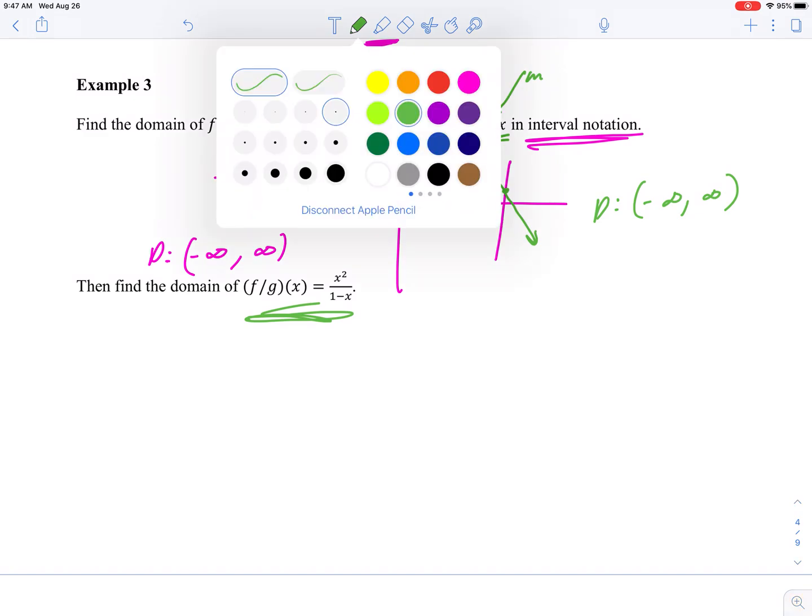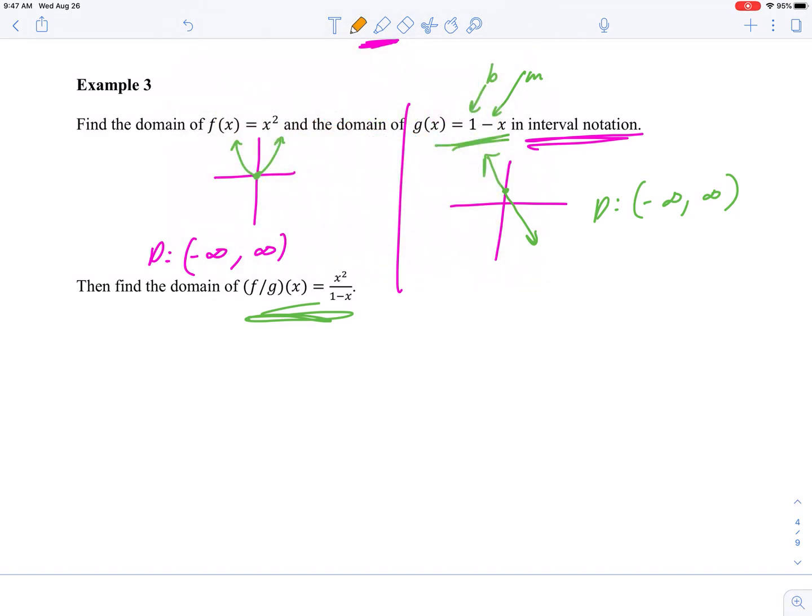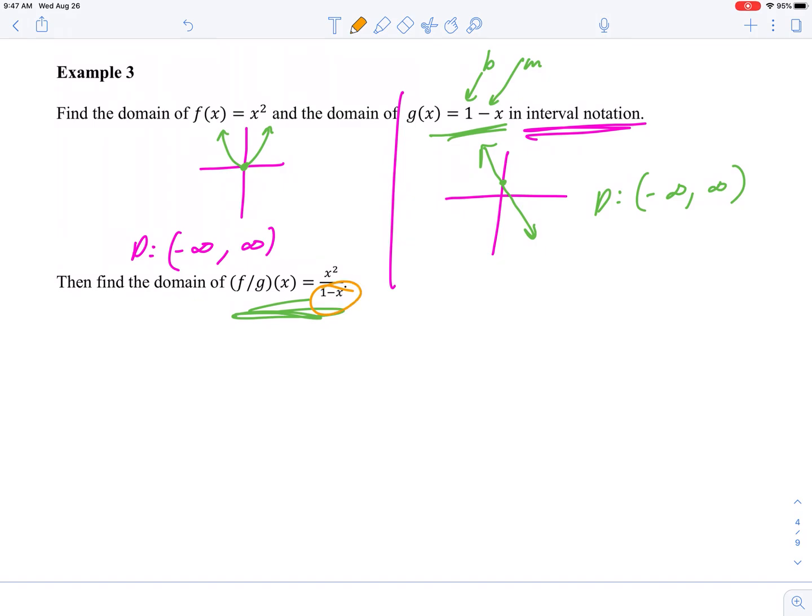Now there's a little thing we have to be careful of here, right? We said before when we add or subtract or multiply, the domain of the new function is just the overlap of the original two domains. Well, in this case, the overlap would be negative infinity to infinity, but we have a denominator here.